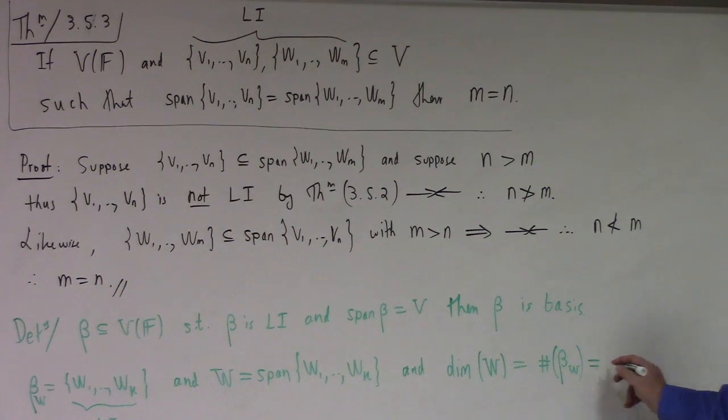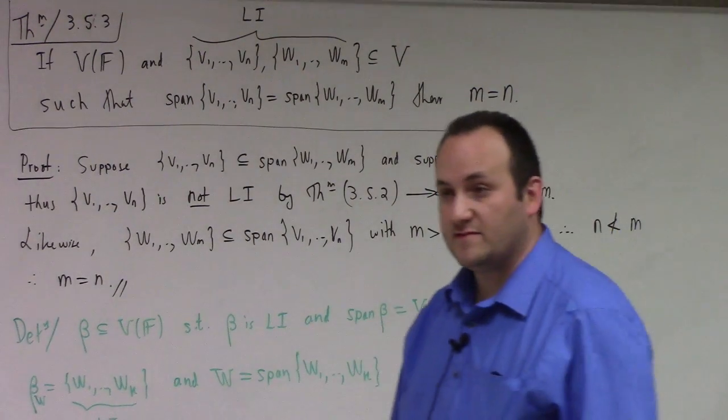So in this case, it's K. That means W is a K-dimensional subspace.